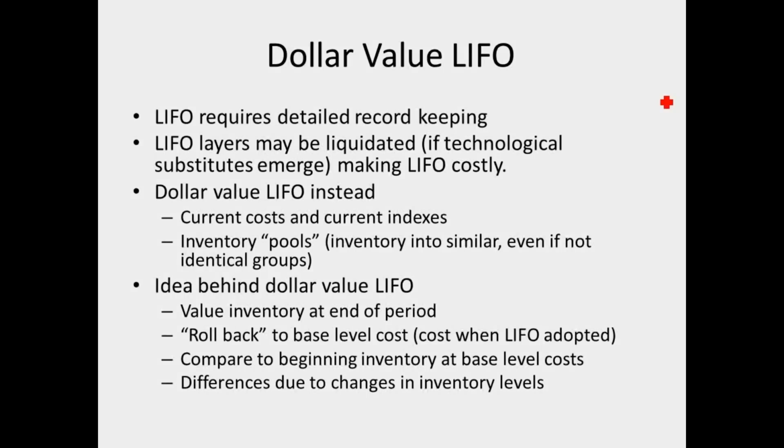On the other hand, if I had 100 units at $10 and then 80 units at $15, it would be because I genuinely sold some product. Dollar value LIFO is trying to take into consideration whether changes in inventory levels come from changes in prices or from changes in quantity. Changes in quantity would indicate an actual sale. Changes in prices just reflect inflation or some other changes.